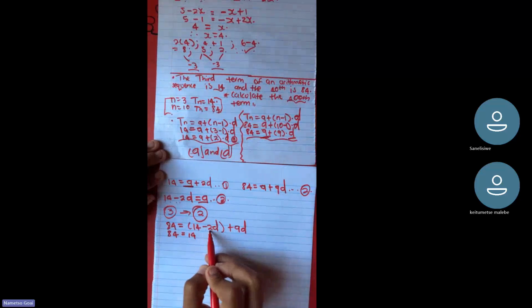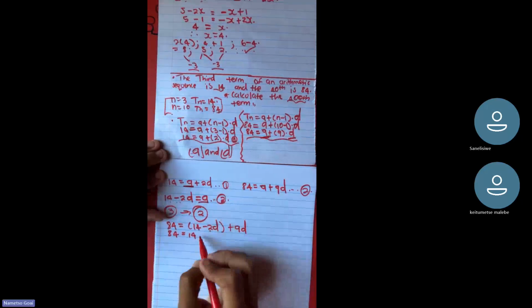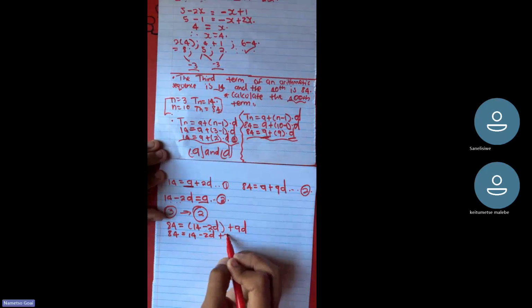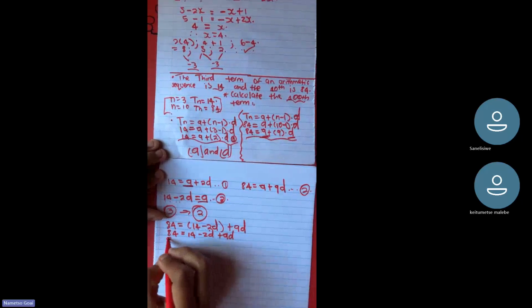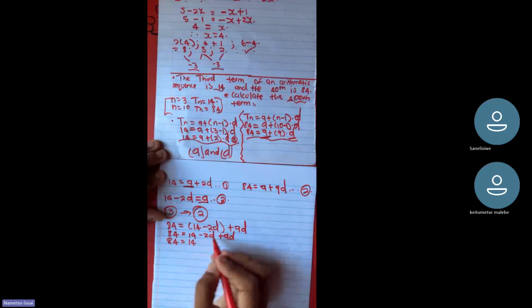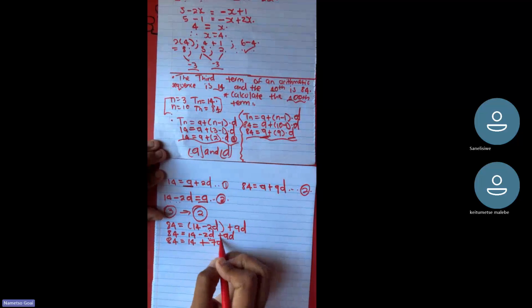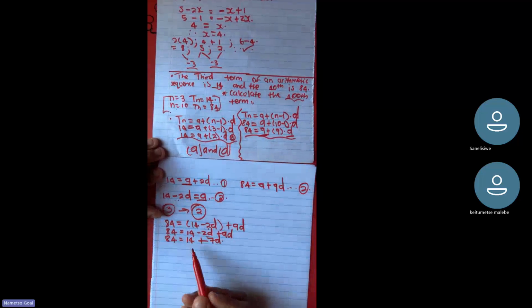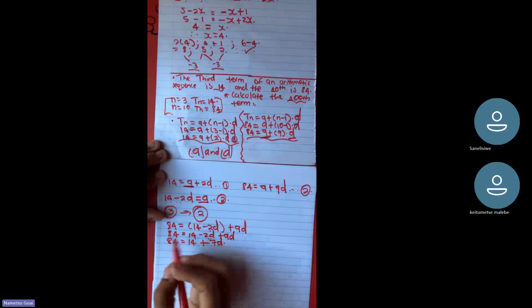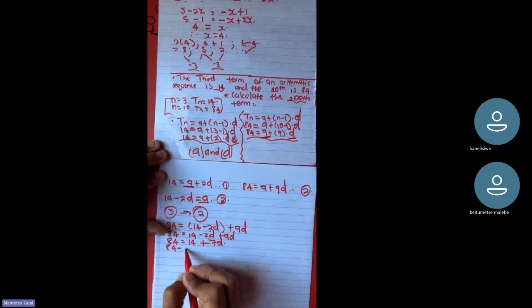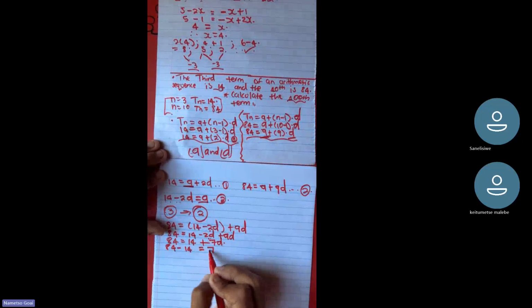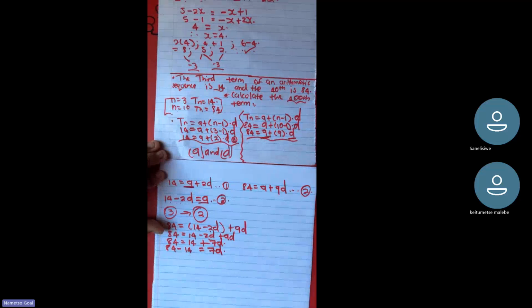Then when we add 9d and minus 2d, we're going to have plus 7d, right? So we have 84 equals 14 plus 7d. Then we transpose this 14 to the other side. So we're going to have 84 minus 14 equals 7d. Can you put this 84 minus 14 into the calculator for me? Is it 70?